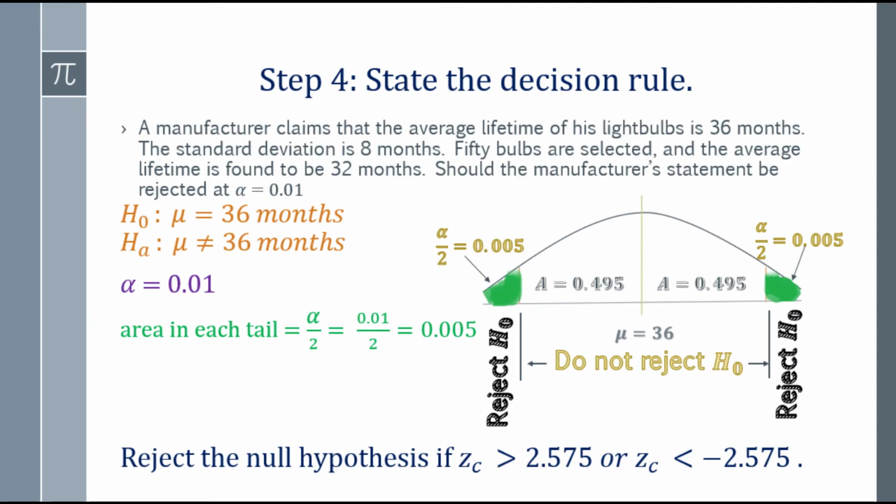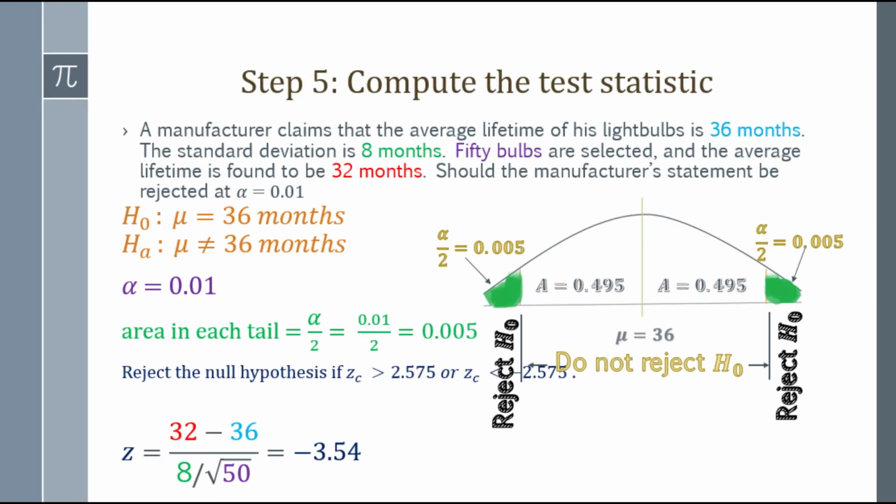Right, step 4 is state the decision rule. We can only reject the null hypothesis kapag yung computed C-value natin is greater than 2.575 or less than negative 2.575 siya. Okay, so step 5 natin is compute the test statistic.